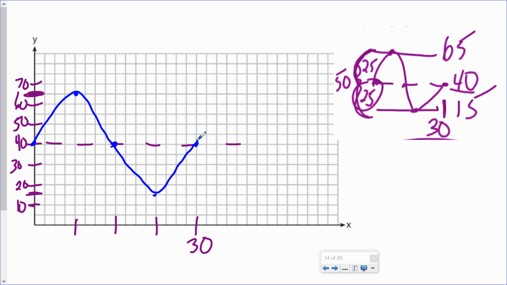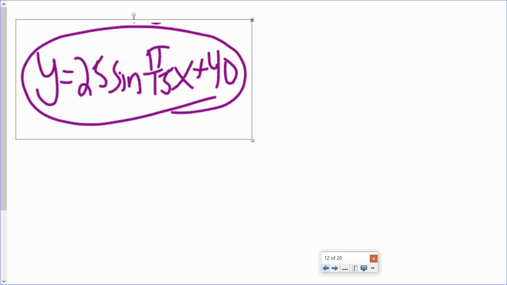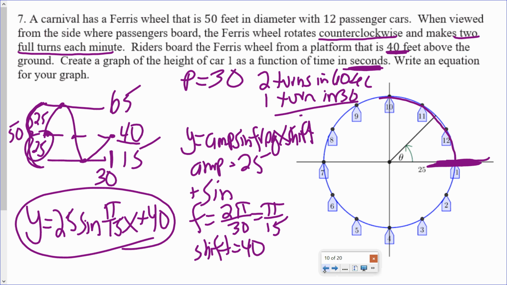So you have to just read it carefully. Again, what important pieces of information were there that I needed? 2 full turns each minute leads me to the period. Again, period is how long it takes to make 1 full turn. So if it's 2 full turns, I'm going to cut that 60 seconds in half to 30. It says that they're boarding here. They're boarding at the midline, so that made it a sine.